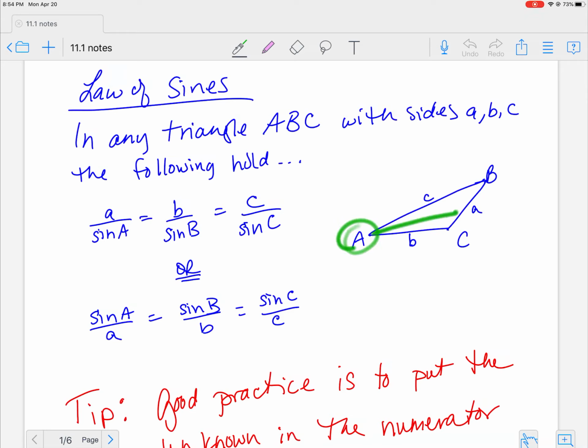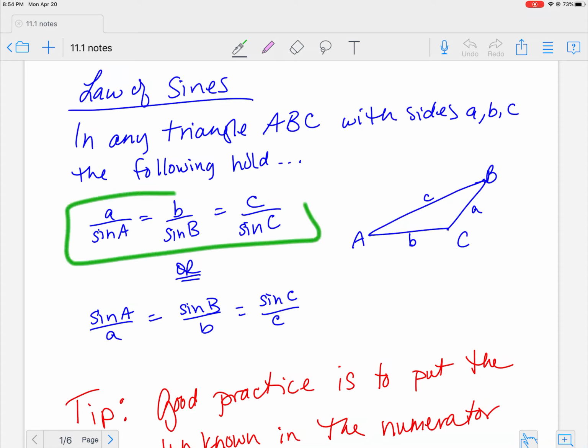I have angle A. Across from angle A is side a. Across from angle B is side b, and across from angle C is side c. The angles are denoted by capital letters. The sides are denoted by lowercase, and I can identify them by the ones that are across. So when we go to set up these ratios, that's the whole purpose of law of sines, is to have the ratio.